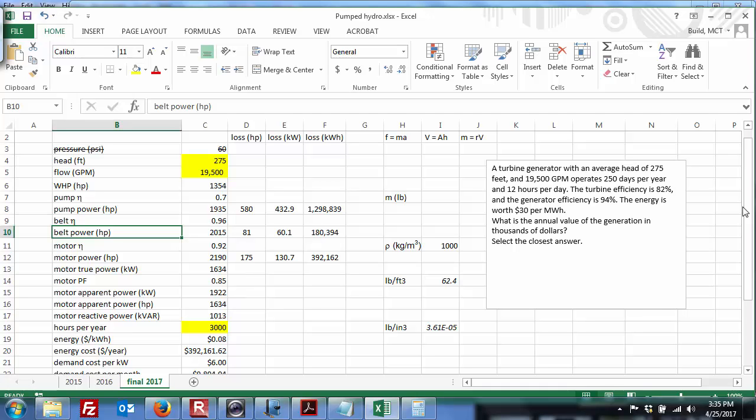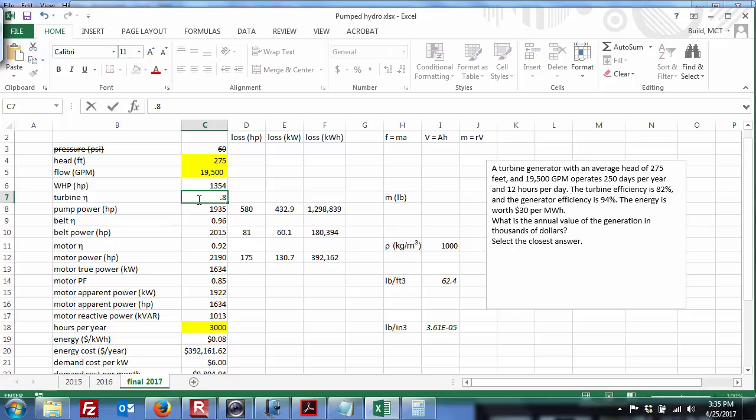Let's just call this the turbine. Turbine efficiency. No, that's all downhill. I know, but I'm still going to work with what I got. 0.82. So that went in.